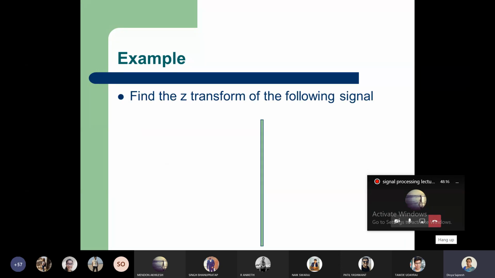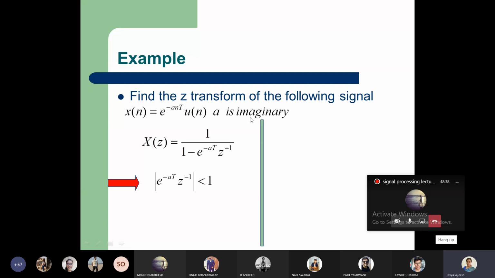Now if I take a as imaginary, the same question I am taking here, only change is instead of a being real, I am making it imaginary. So let us see what are the changes happening. So x of z for that signal is also 1 upon 1 minus e raised to minus a z inverse. Now the region of convergence is that e raised to minus a z inverse should be less than 1.